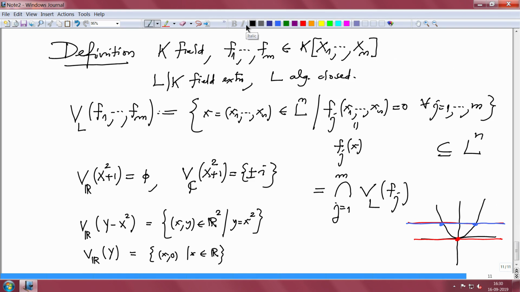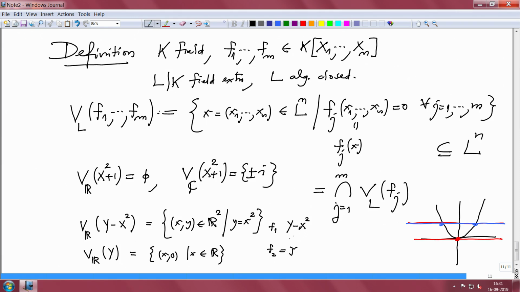We have this equation y minus x square, this is our f1, and f2 is y. What do you do? You eliminate y between these two equations. That means you take y equal to x square and put it in this.